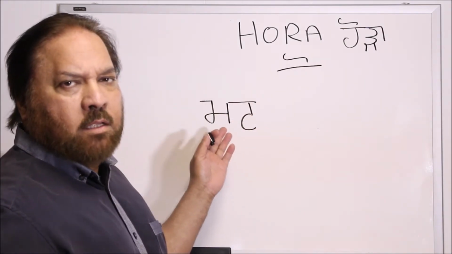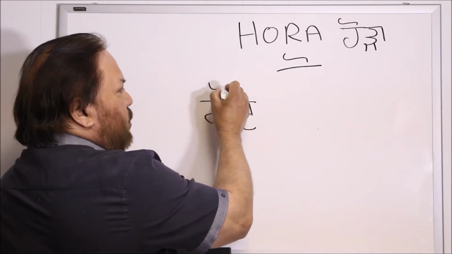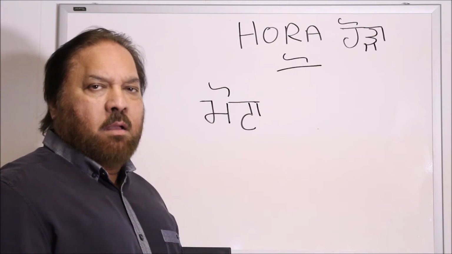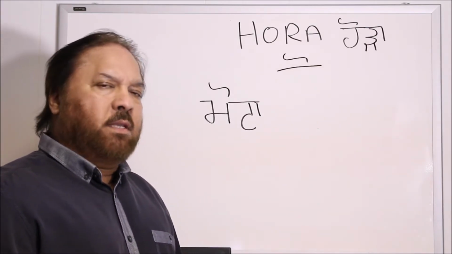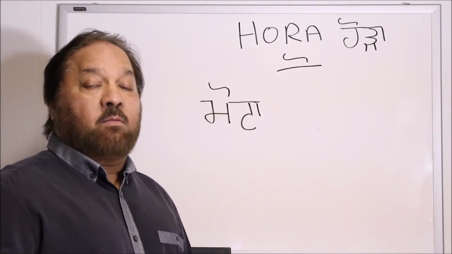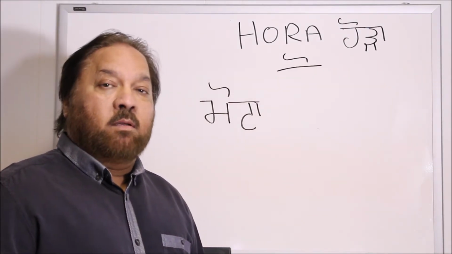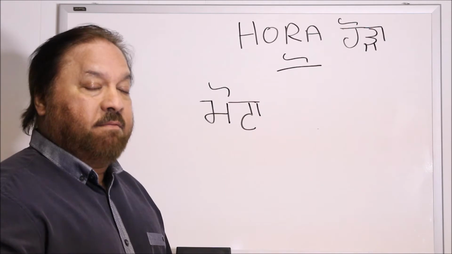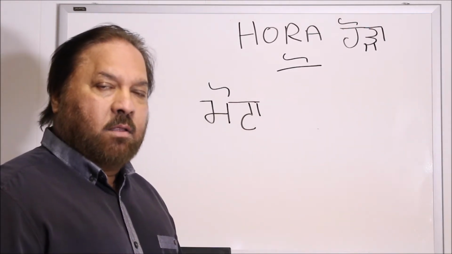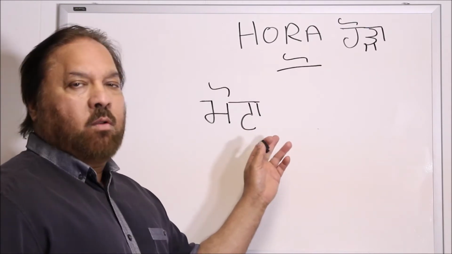If I want to write mota, I have to put Hora, kanna, and it becomes mota, which is usually a fat man, male. But if we want to write down a fat woman, overweight woman, chubby or something like fat, we call moti, like the sign T, instead of mota we call moti.